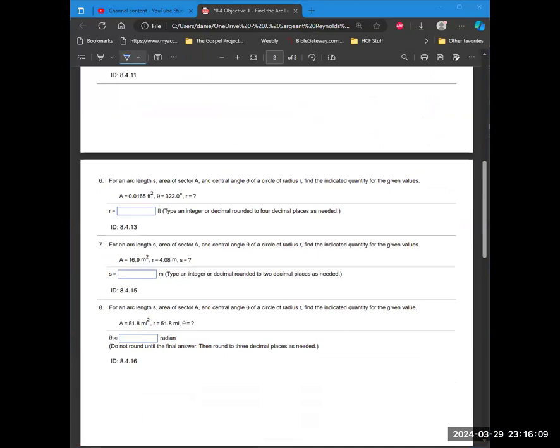For the next problem, they tell us that A is given to us and theta is given to us, and they want us to find r. So let's rearrange our formula here. If A is 1/2 r squared theta, then 2A divided by theta is equal to r squared.